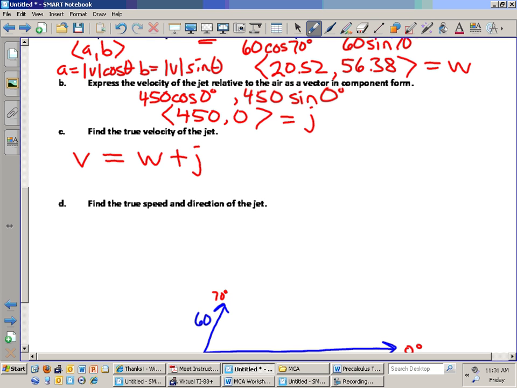Did you learn how to add vectors together yesterday? Yeah. So we simply take 20.52 and add it to 450. So 20.52 plus 450, which is 470.52.